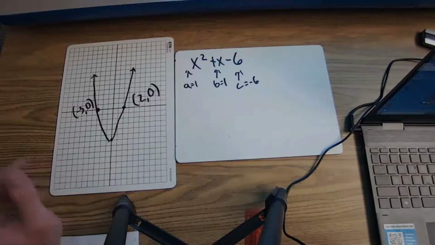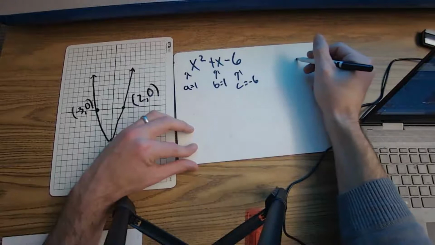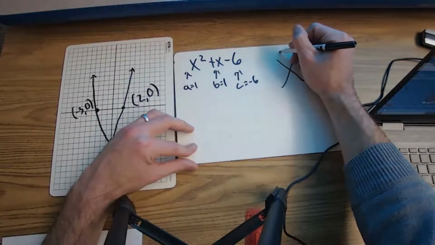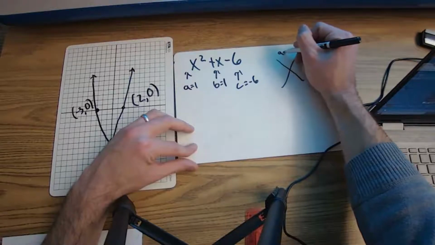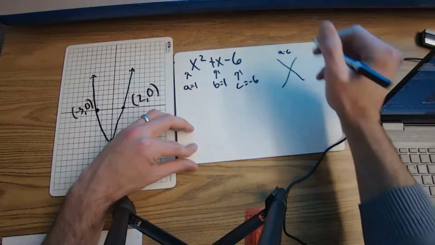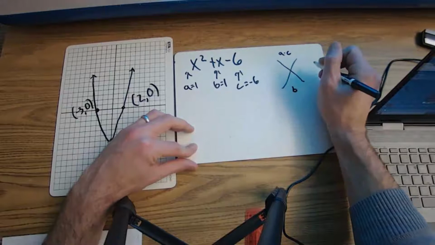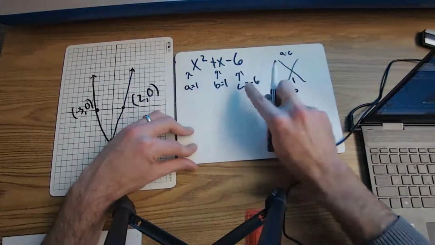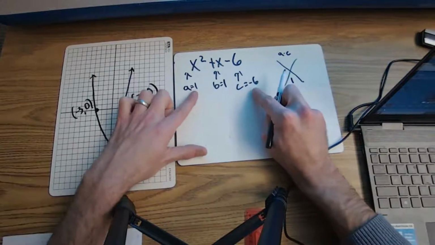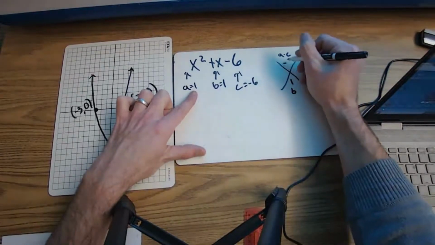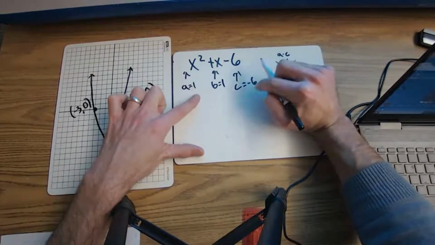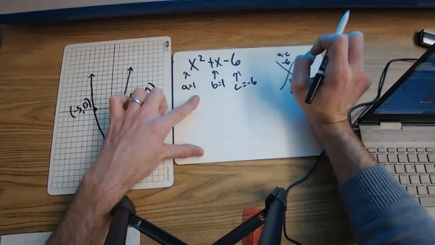Okay, so what we do is I always use my X that you guys saw in your thing, and I'm going to write A times C at the top, and I'm going to put B at the bottom. Okay, B was just 1. A times C is 1 times -6. Alright? For a lot of these, A is just going to be equal to 1, so you're basically just going to be writing C in there.